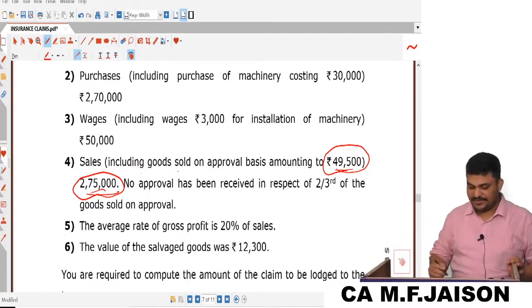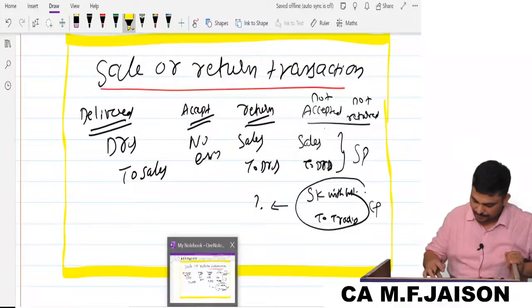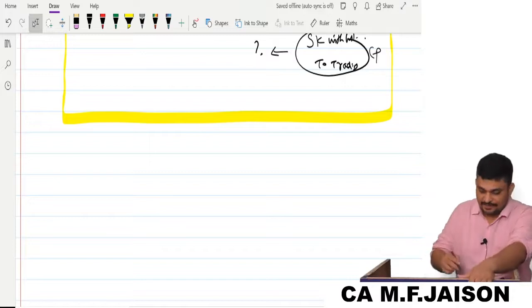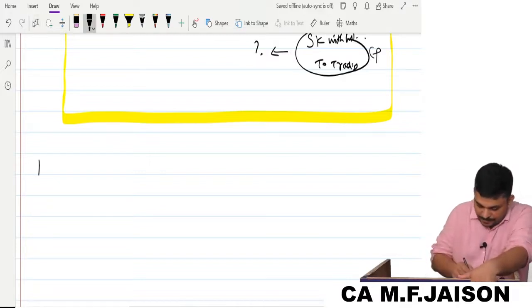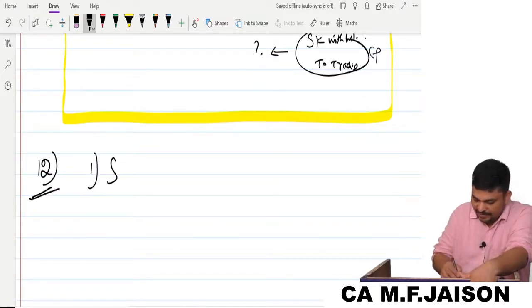So let me proceed here. GPR is given, so I am proceeding directly to the memorandum trading account. It's question number 12. In question number 12, we are straight away finding stock on date of fire.